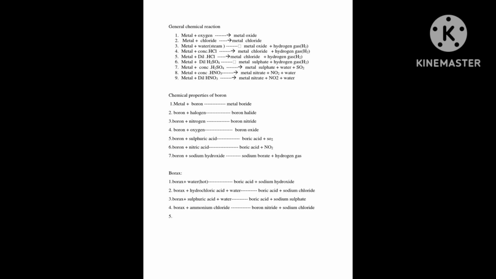Hydrogen has 1 electron, one hydrogen above the plane and one below the plane. Both have 1 electron. Sometimes it will make a bond with 1 boron. Suppose boron 1 and boron 2, 2 borons are there.